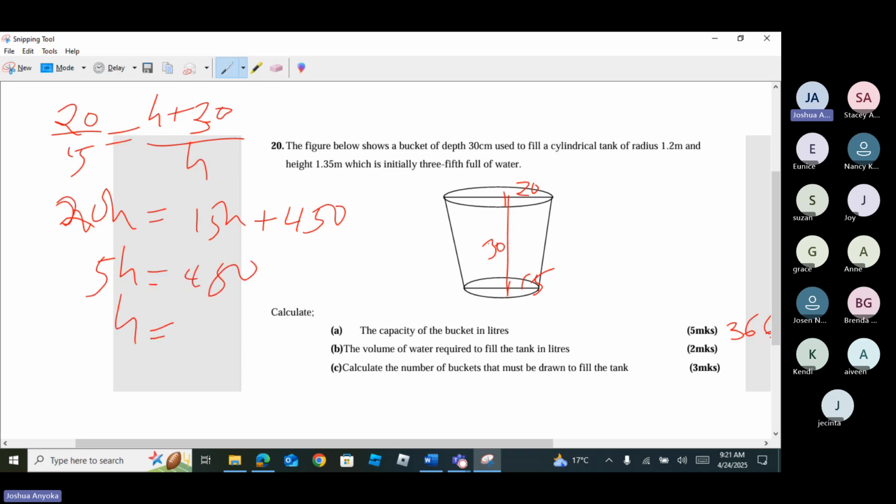So H is equals to 90. Capital H is 120. So immediately you get the small h, then state the capital H.